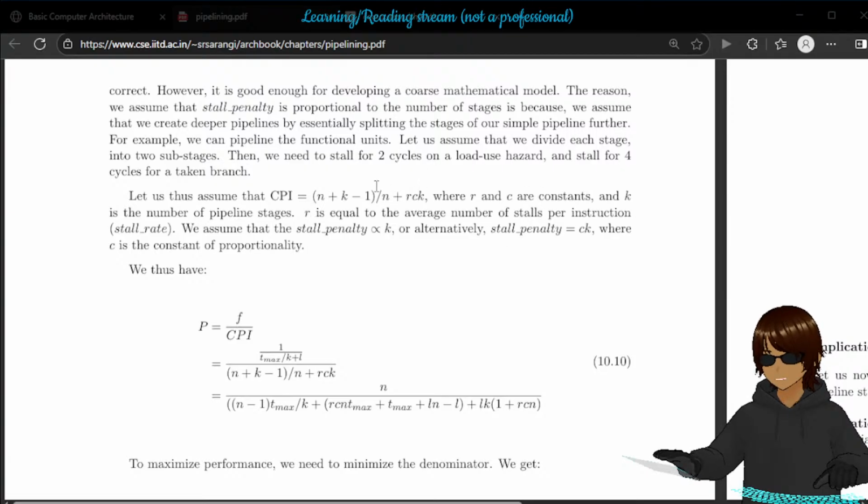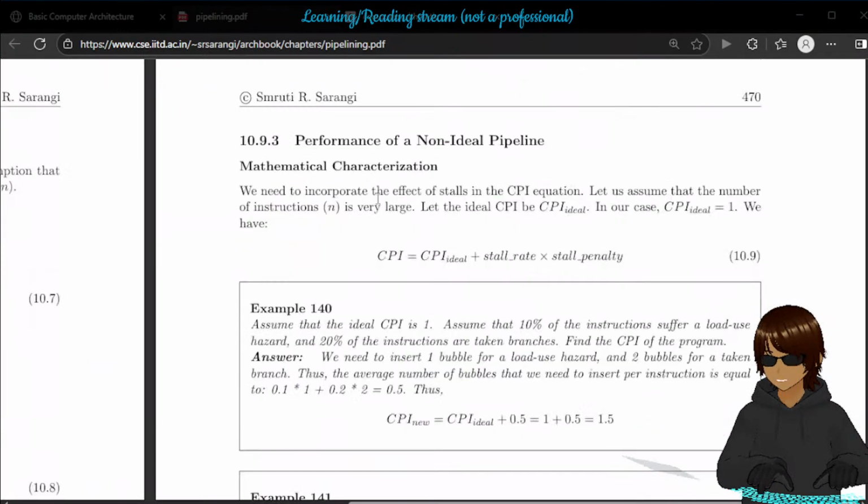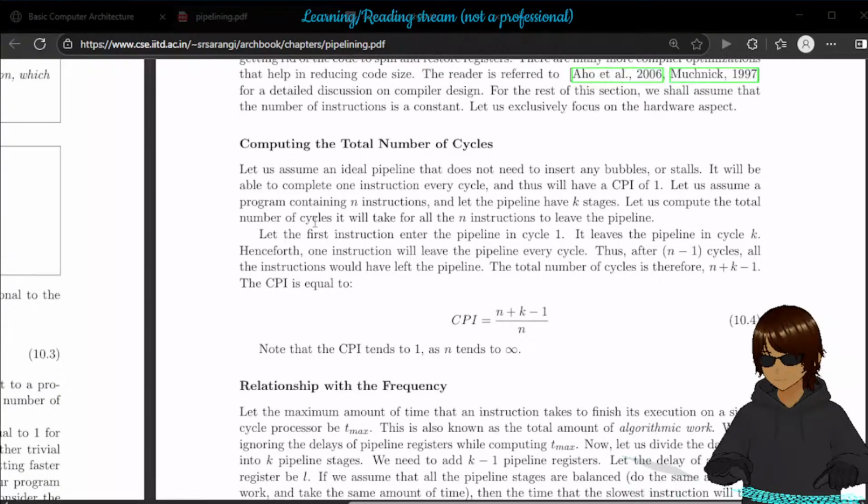But I do not understand. CPI is equal to n plus k minus 1. Let me see how they got this equation again. So it takes k cycles for an instruction to complete. In n minus 1 cycles, all the instructions would have left the pipeline. There are n instructions.